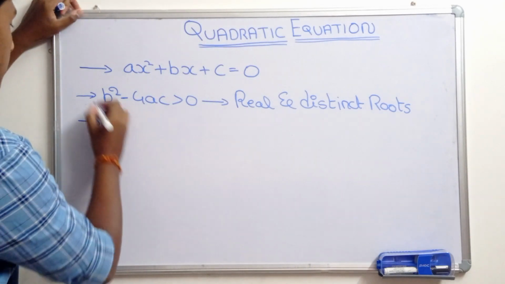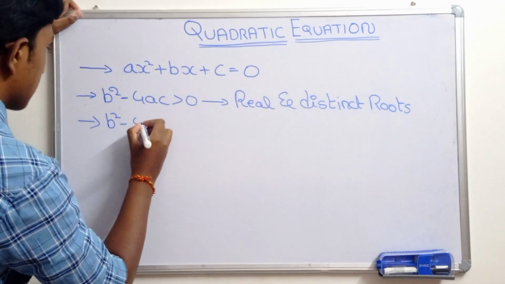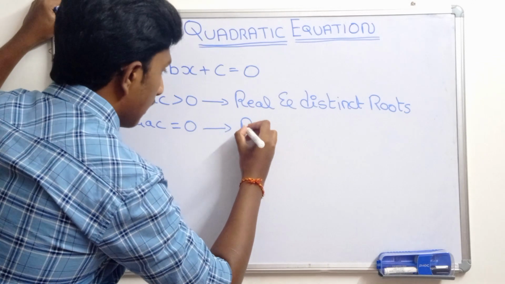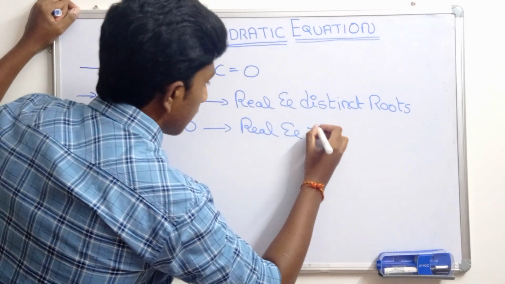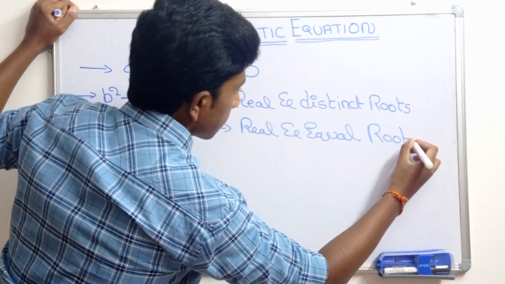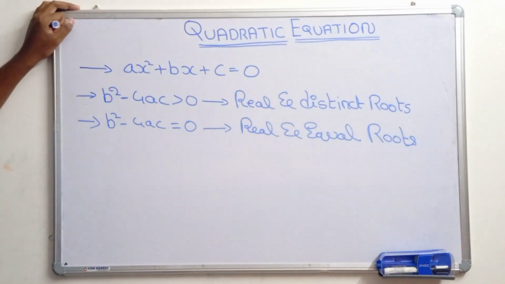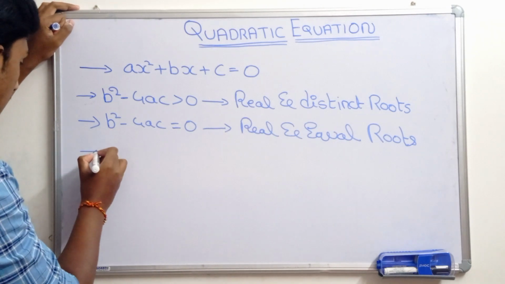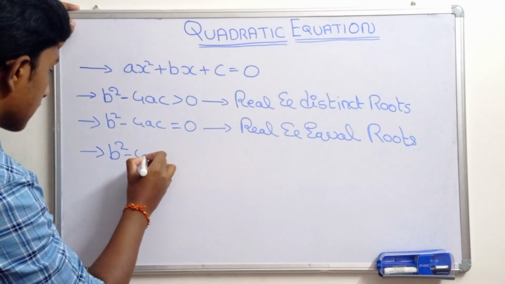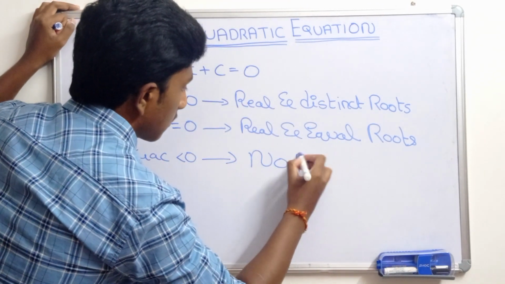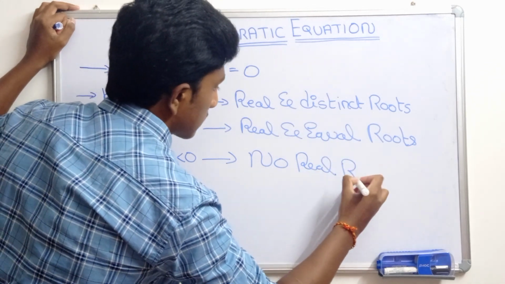And the second formula is b square minus 4ac equals 0, which means real and equal roots. And if b square minus 4ac is less than 0, there are no real roots.